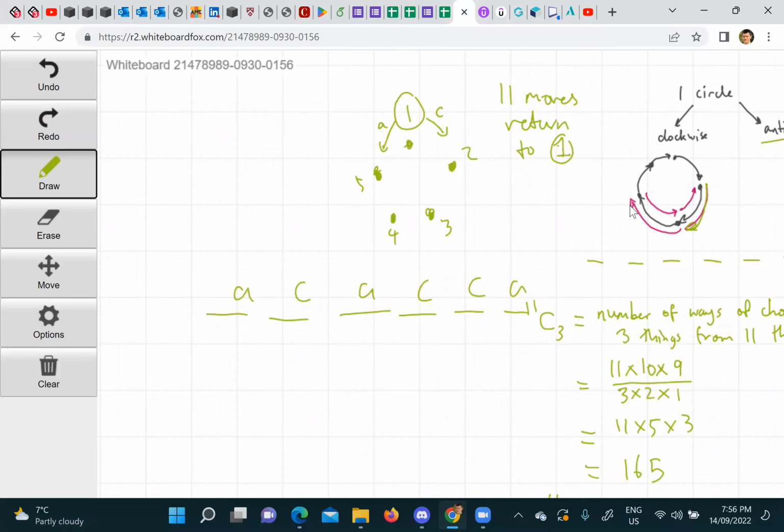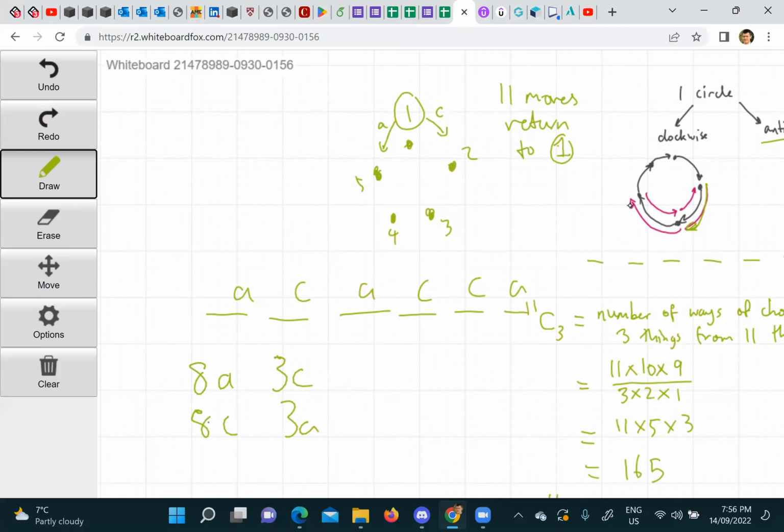So you need 1 circle, and what 1 circle means is that there's either 8 A's and 3 C's, or 8 C's and 3 A's, right? That makes sense?